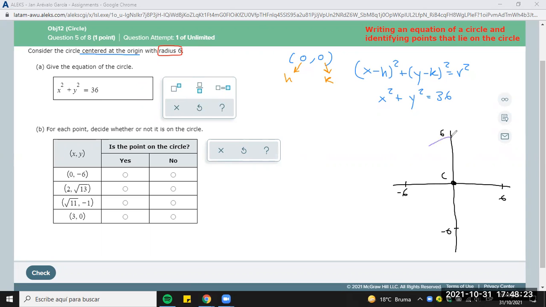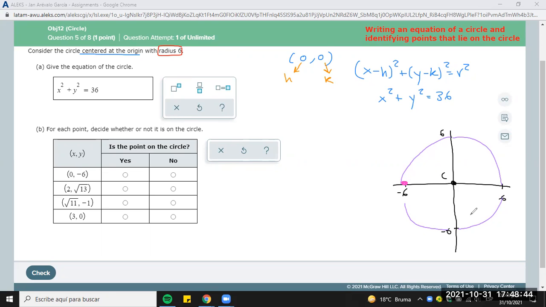The circle is going to be something like this, right? Sorry if it doesn't look like a circle. But okay, think about this: 0, comma minus 6. I know my circle does not pass through that point, but it should. So this should be in the circle, right?